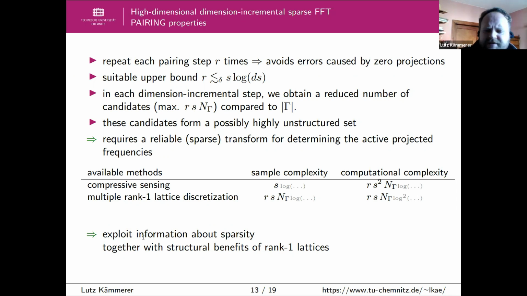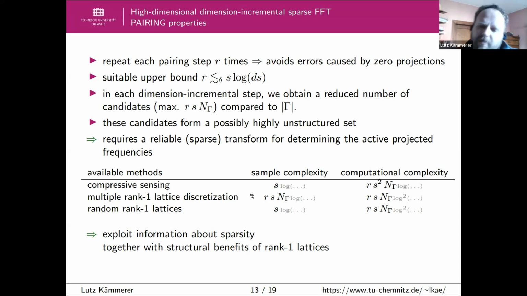And now we exploit the information about the sparsity and bring together the structural benefits of the rank-1 lattices, right? And then we could decrease the sample complexity to S log times this thing in each of these steps, and the computational complexity, which is in this thing here.